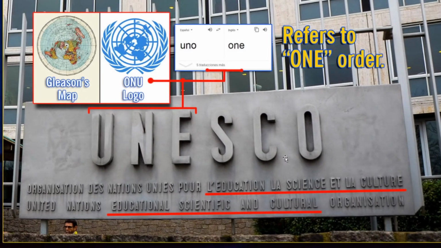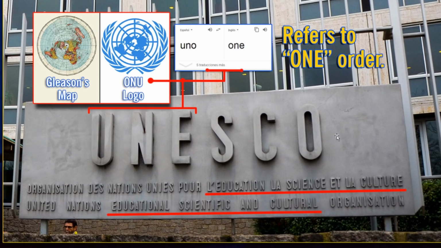Mm-hmm. So when you start looking into UNESCO, you immediately find that the mystical, the hermetic, and the mystery school are present in that institution at the beginning of its creation.